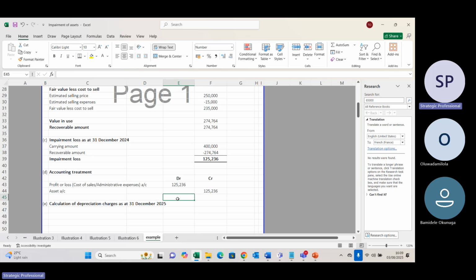That building at 250 million, with a market value of 150 million, you must reflect that 150 million in your books. Why? Another reason is that if you decide to sell that building on that same day, you will not get that 250 million naira. You will get 150, meaning 100 million is a loss. So you must show it as that in your books. That is why we have impairment.